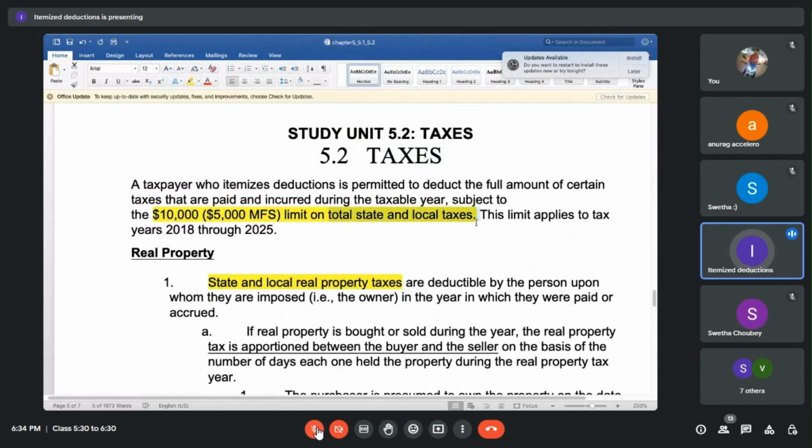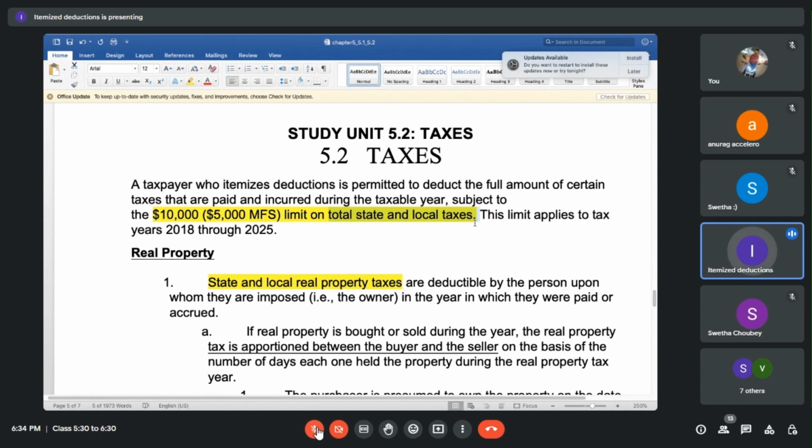So if the person is working in California, besides federal taxes, the person will also pay some 9 to 10% of California taxes. Say the income is $100,000, the person is paying $10,000 to California and say $20,000 to federal.